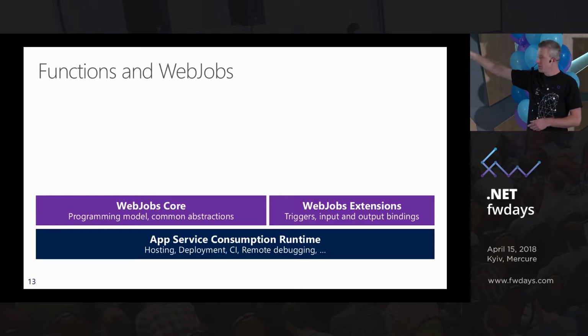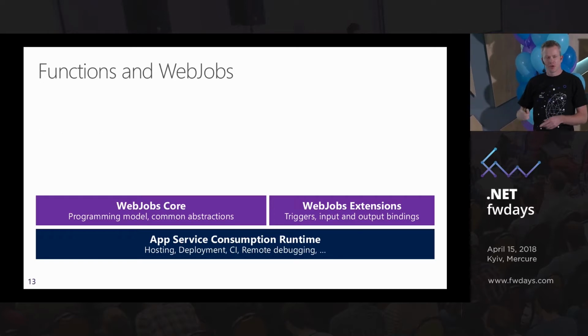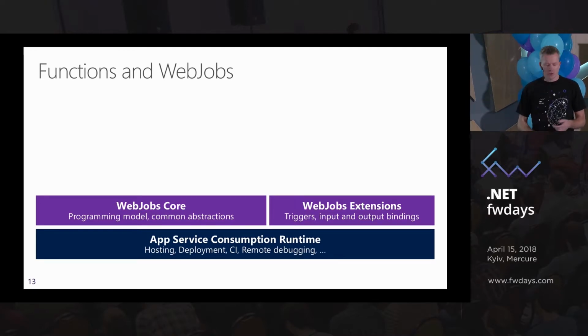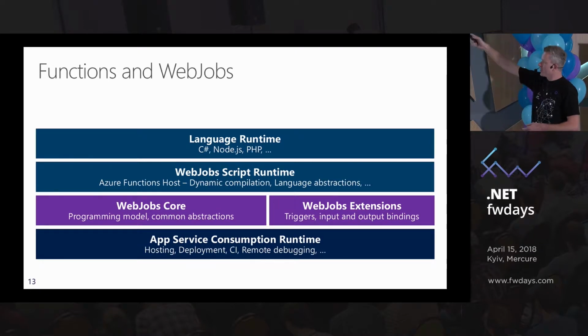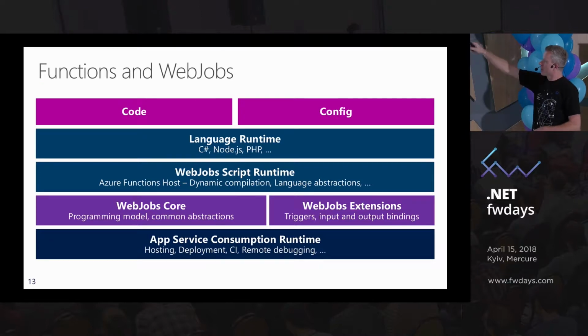The extensions are particularly interesting, because extensions are about triggers and bindings: what can you react to and what can you use in your function, such as queues, blob storage, maybe Cosmos DB. If new extensions are built for Web Jobs, we can leverage them via the script runtime, the language layer on top of it, and that's where we'll do our programming and create our code and configuration. So if there are new advancements in Web Jobs, we can immediately benefit from that.